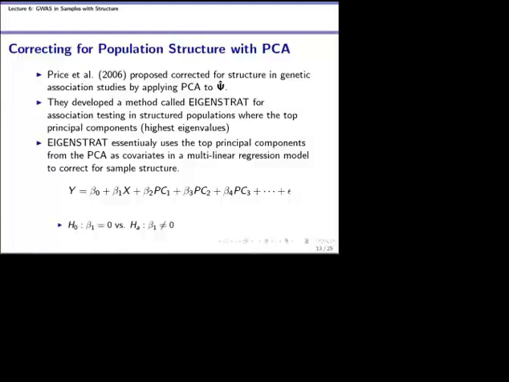Does that make sense? By including principal components in the model, if indeed these PCs are reflecting ancestry, we say we're testing for association with a genetic marker, but is there any association between outcome and genotype beyond what can be explained by ancestry? So we're correcting for ancestry differences among individuals.